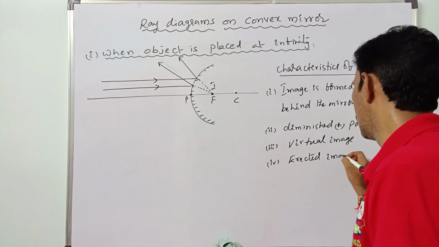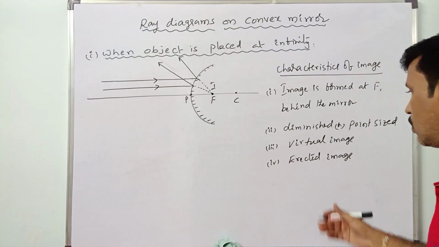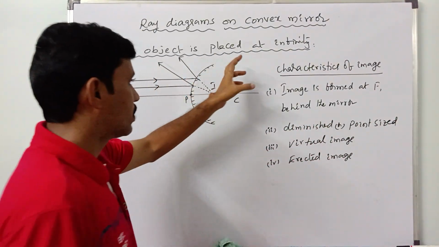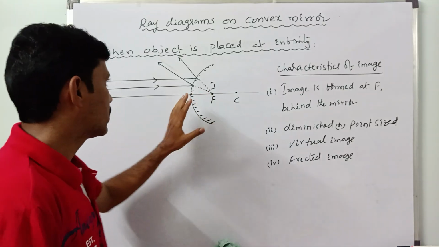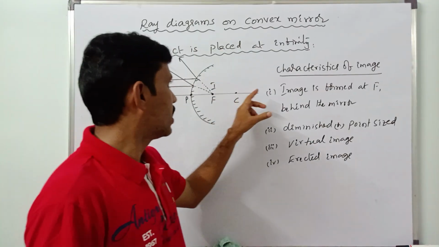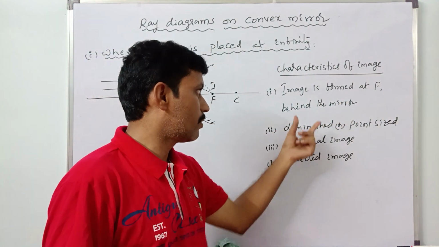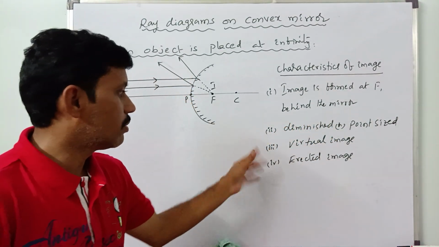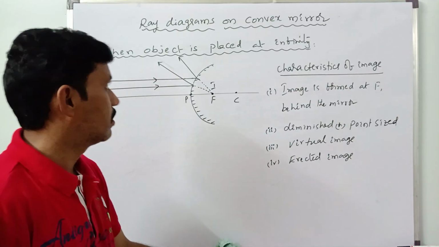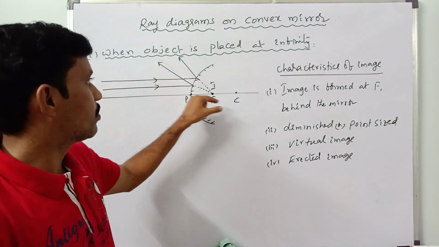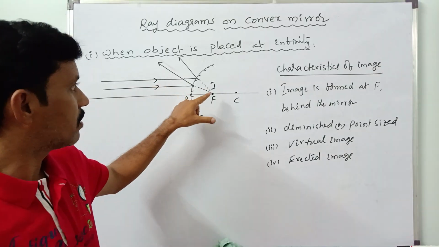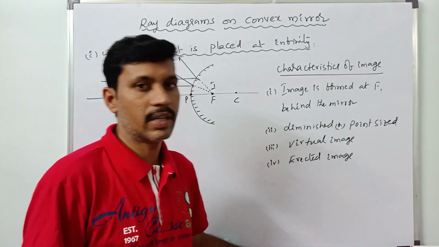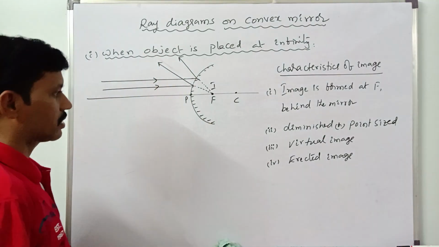Simply we can write virtual and erect image. So when the object is placed at infinity in front of the convex mirror, the image is formed at F behind the mirror, diminished or point sized, virtual and erect. So this is the first case.